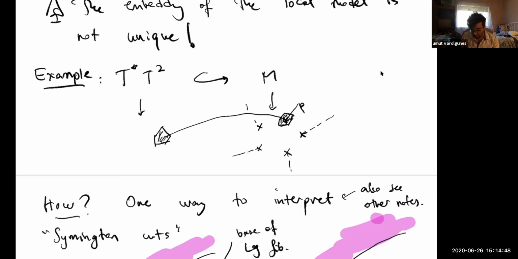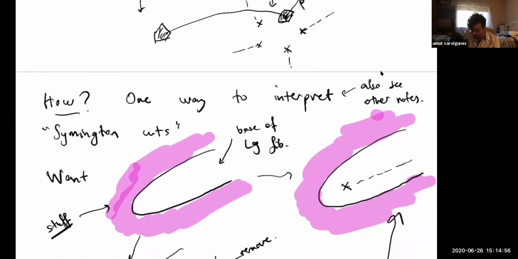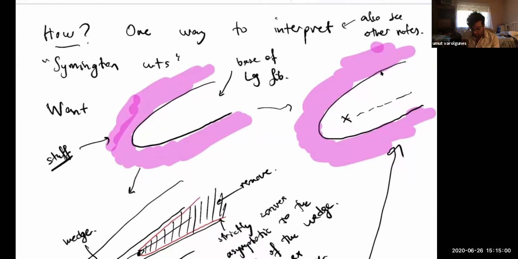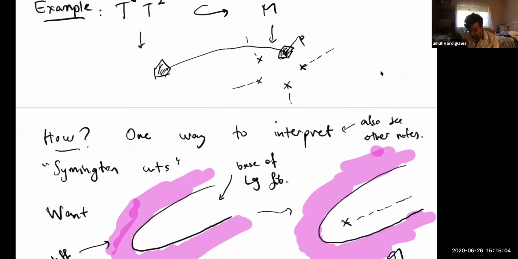It should send a polygonal neighborhood to a polygonal neighborhood in the global object. One way to think about this, and there are other ways, is these cuts that I make. These are the places where, let's say you don't have this, and then you make a cut, and the symplectic manifold changes somehow.